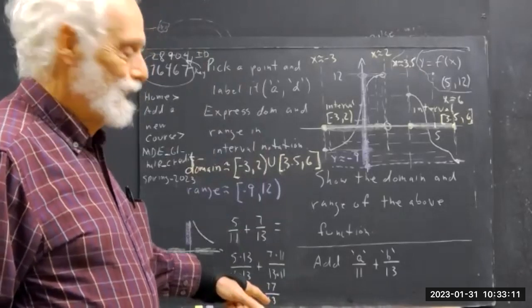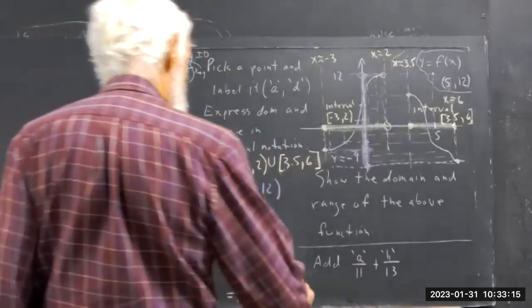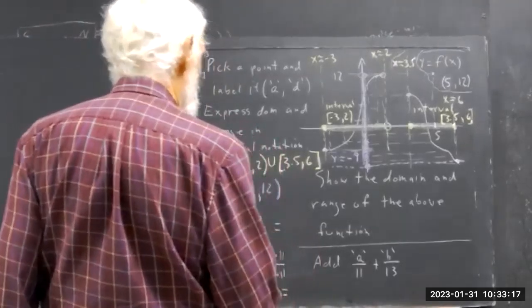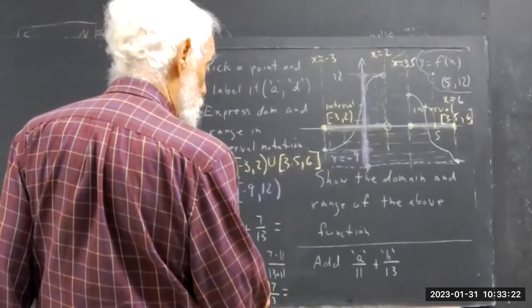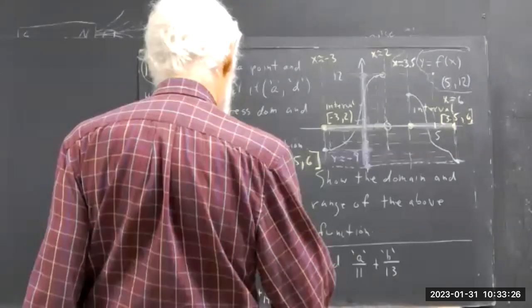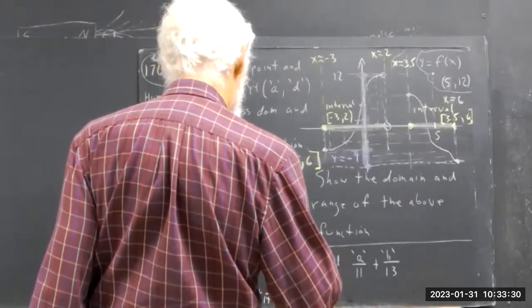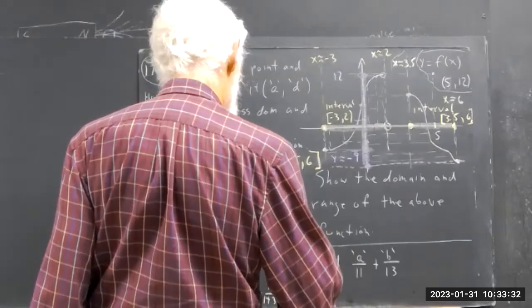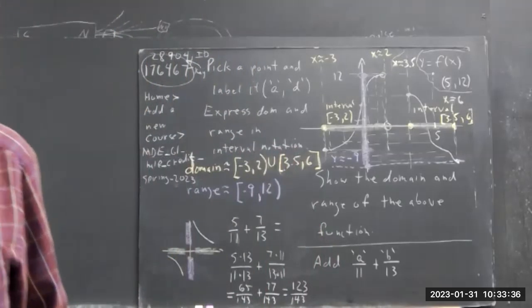And I've got this many pieces and this many pieces. Well, I just add how many pieces I've got here, which is 65, and how many I've got here, which is 143. And I get 123. And that's how we add fractions.